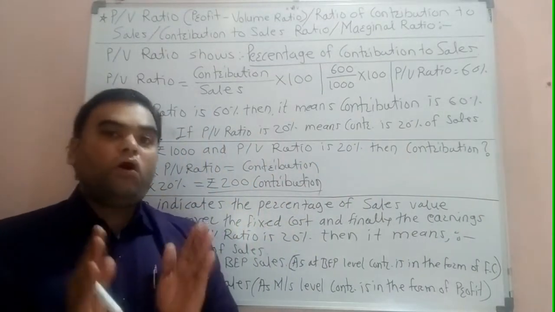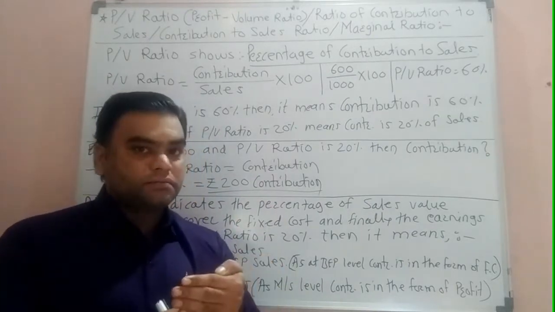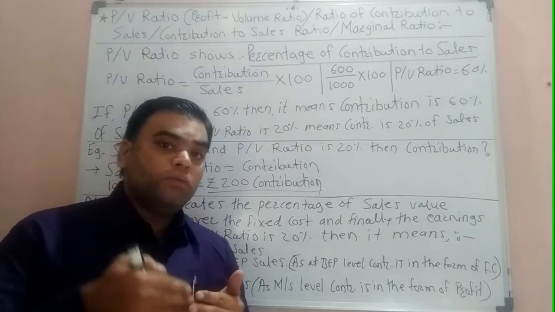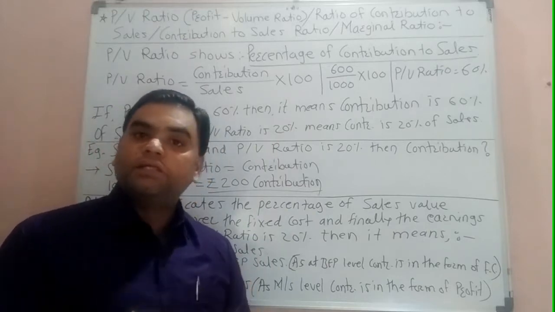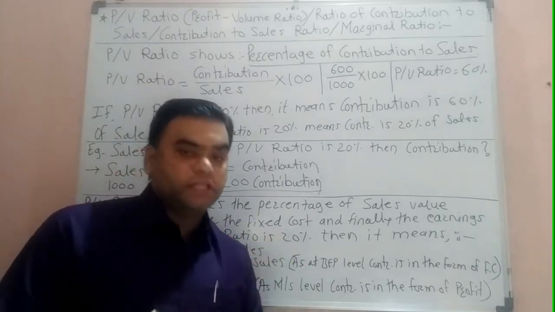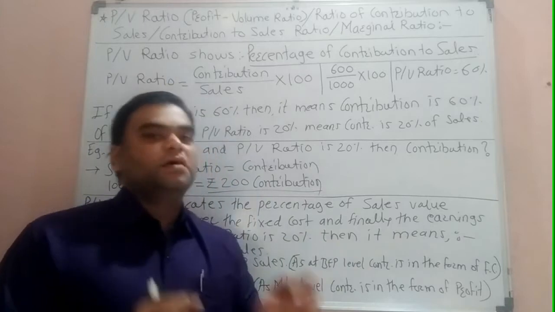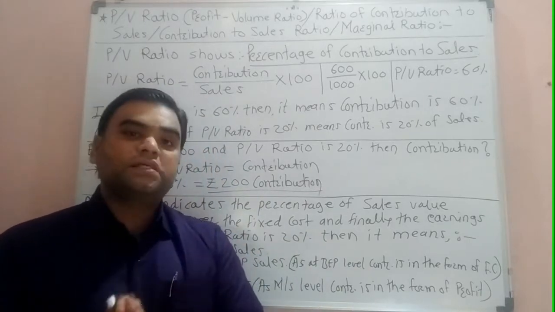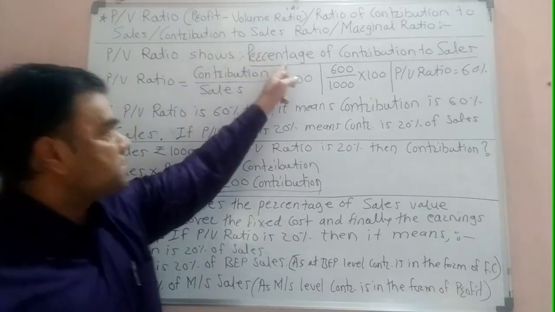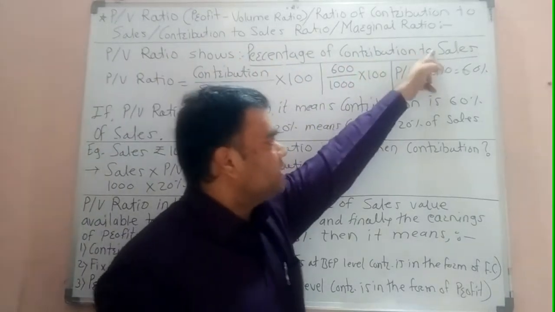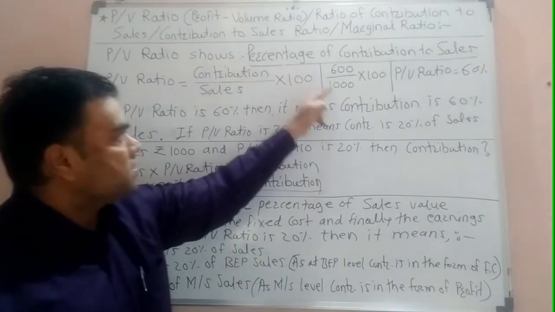If PV ratio or contribution to sales ratio is 60%, what does it mean? It means contribution is 60% of sales. Here suppose contribution is 600 and sales is 1000.